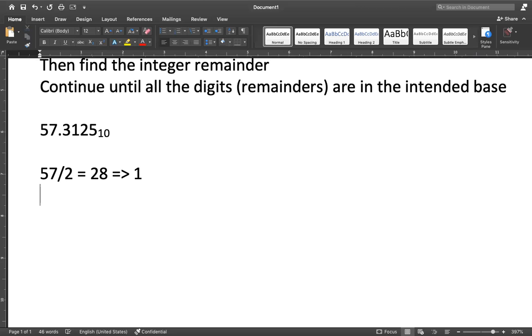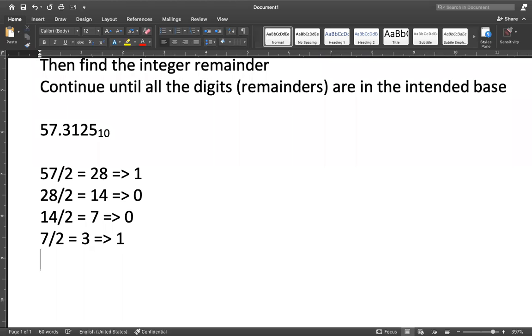Then you have to repeat this. 28 divided by 2 is 14, and the remainder is 0. 14 divided by 2 is 7, remainder 0. 7 divided by 2 is 3, remainder 1. 3 divided by 2 is 1, remainder 1.